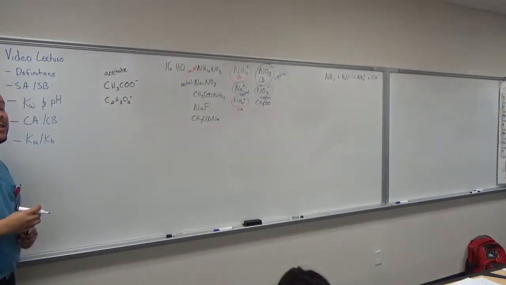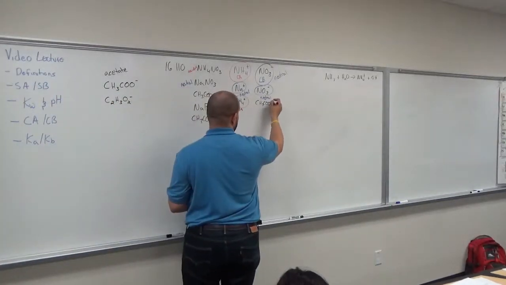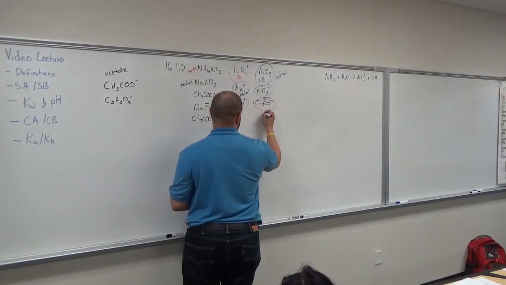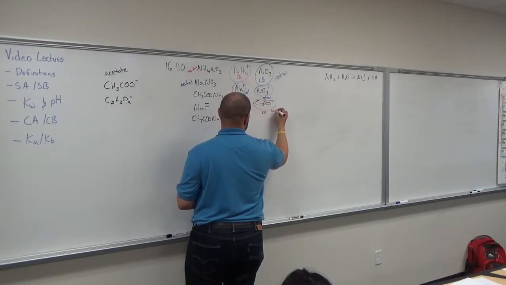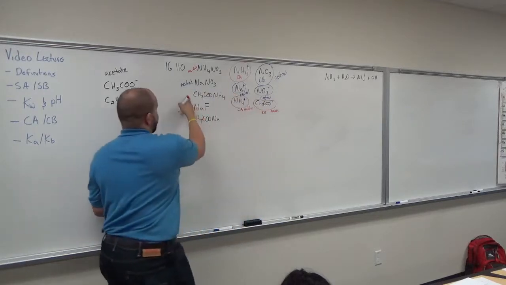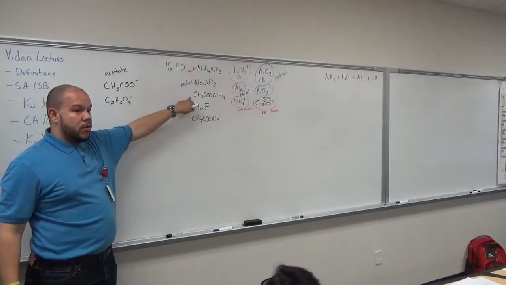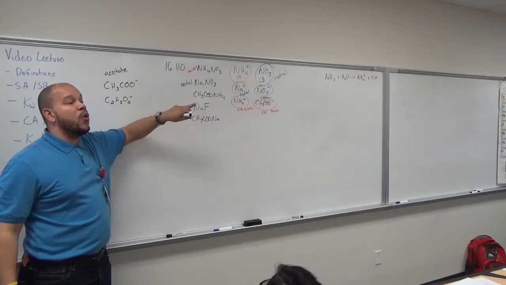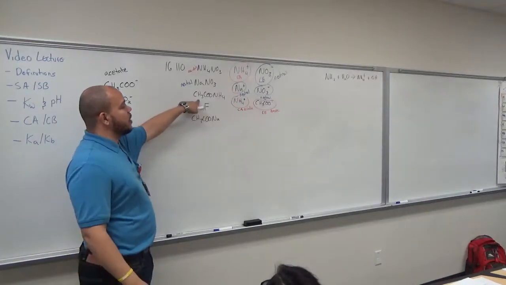We have a conjugate base of a weak acid, so we should expect this to be basic. Now, as it pertains to here, this salt can go both ways. But what decides if this is acidic or basic?